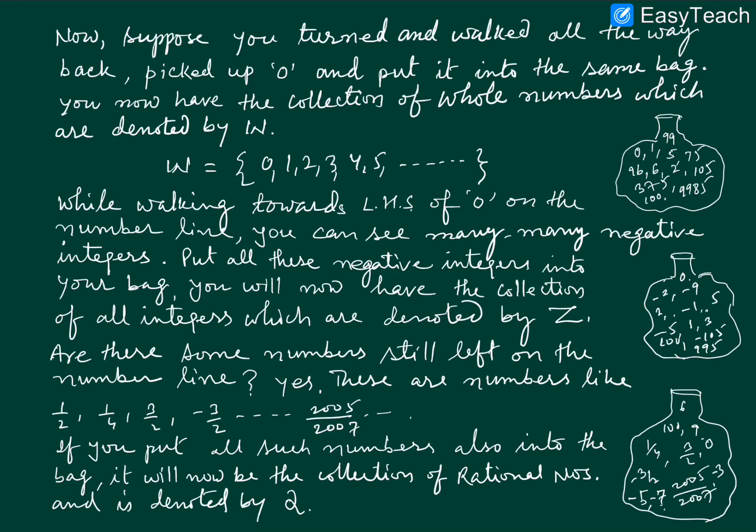If you put all such numbers also into the bag, it will now be the collection of rational numbers and is denoted by Q. These bags contain all integers, whereas this bag contains all the above numbers including such type of numbers.